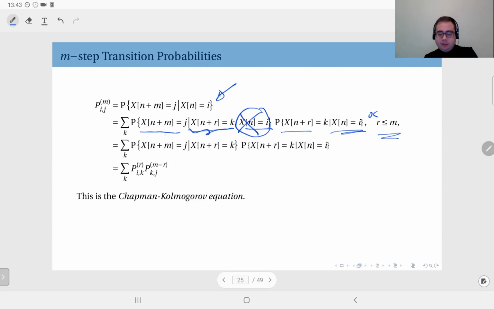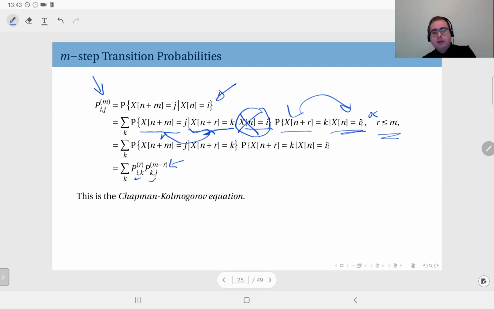Now you see this one here is an m minus r step probability, and this one here is an r step transition probability. Okay, so if I define m-step transition probability using this notation, I can write this as the probability of making a transition from i to k in r steps, times the probability of making a transition from k to j, whatever that k is, in m minus r steps.